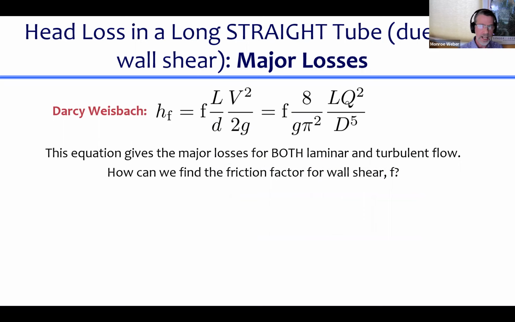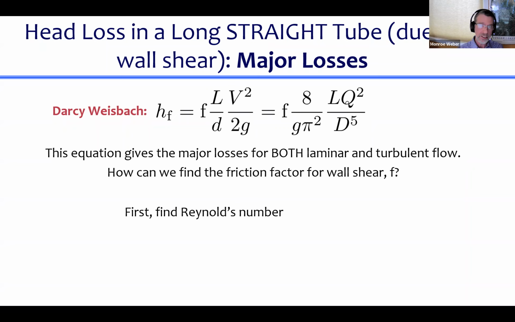In the second form, I just got rid of V and put in Q divided by A, and I got rid of A. A is pi d squared over 4. So if you make all those substitutions, you get from the equation based on V to the equation based on Q. The equation based on V is more beautiful in some ways. It's simple. The equation based on Q is what you would actually use if you were working with a pipe.